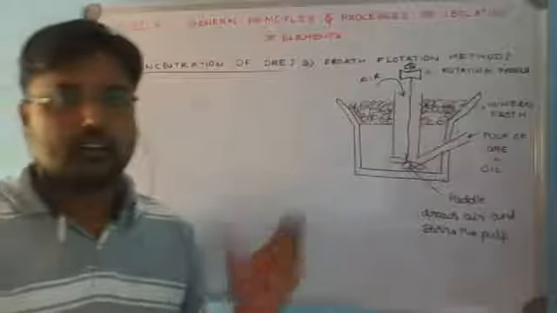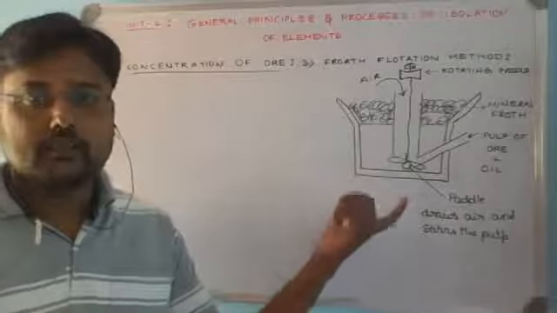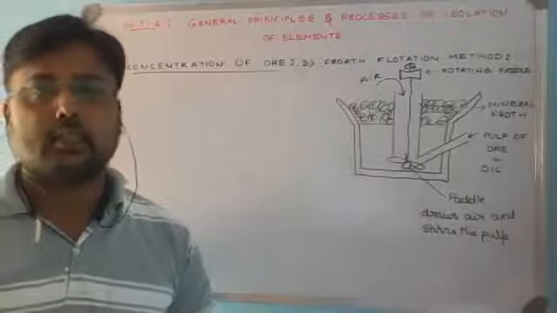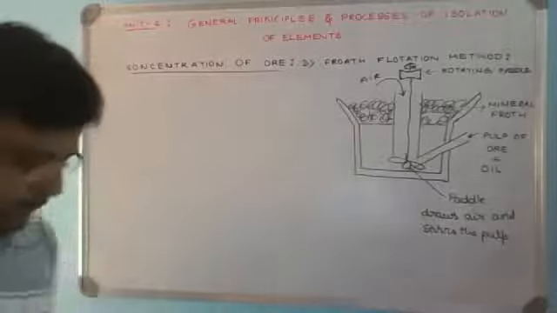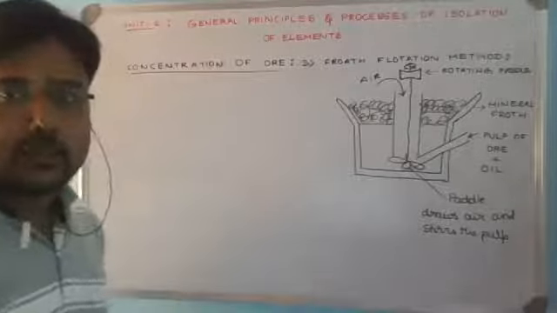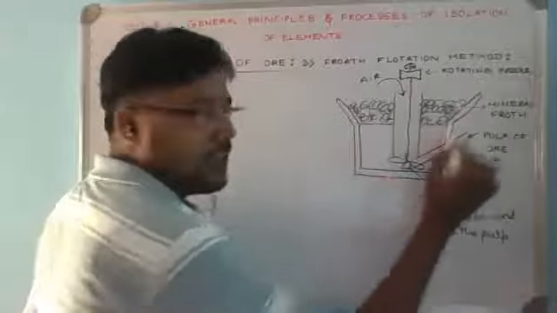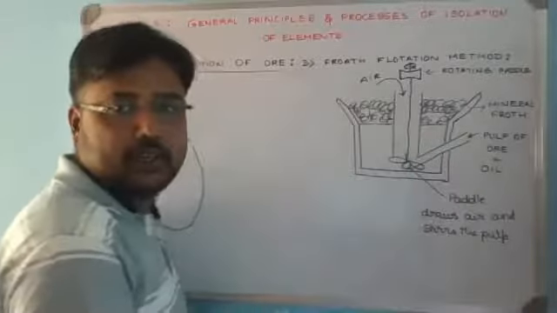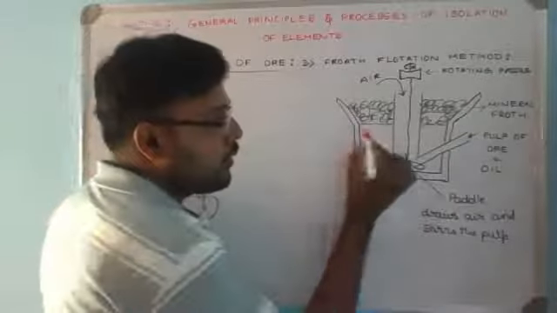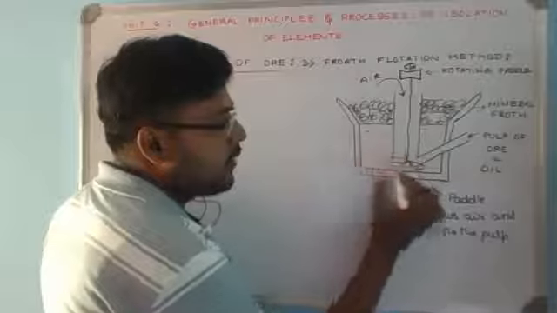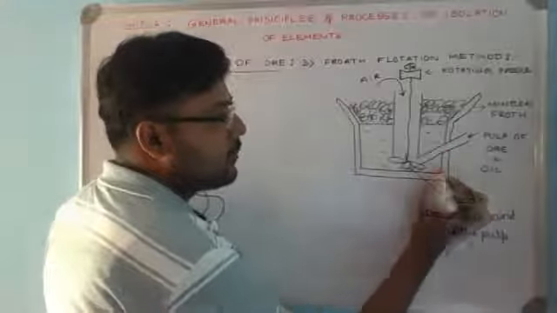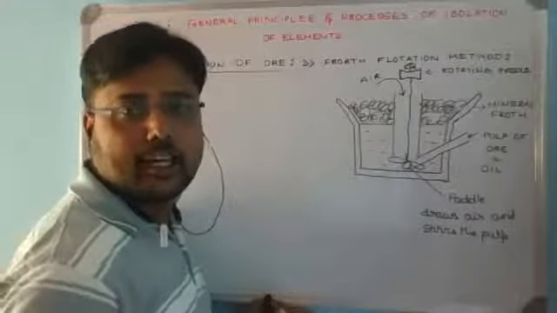Okay. Now I have written a small diagram which depicts the complete method of the froth flotation technique. Try to observe the diagram carefully. It contains a vessel-like arrangement. In that vessel, you are going to take water.